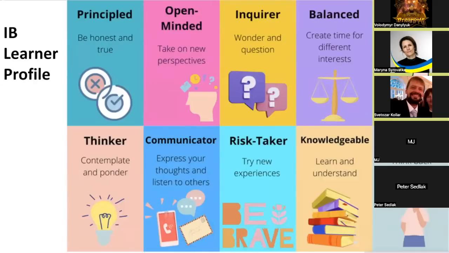This is the IB learner profile. It means what we want our students to be. They should be principled, to be honest, to be thinkers, communicators, risk takers, to really be knowledgeable. Reflection is a big part of our program. They set a goal to learn something or to create some product or project, and then at the end, when they did it, they reflect on their work.